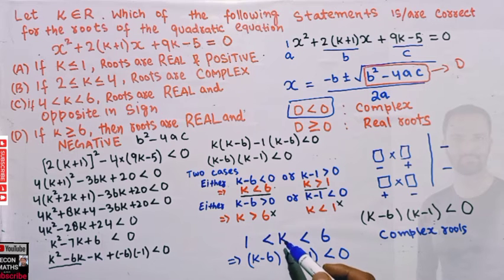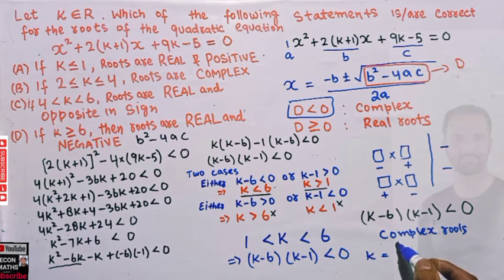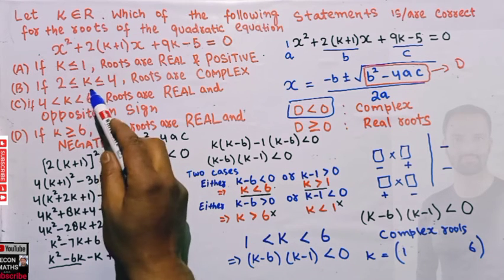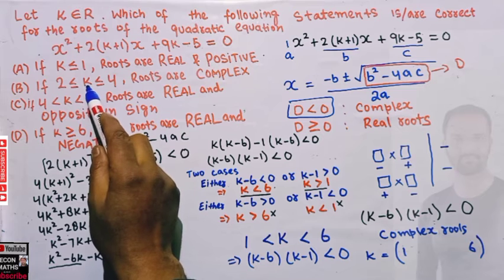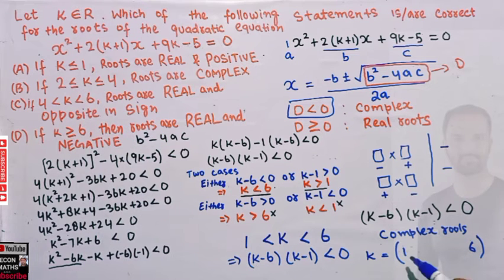Since we have seen k should lie between 1 and 6, in the options we are being told that k should lie between 2 and 4. If k lies between 2 and 4, and what we got is k should lie between 1 and 6, obviously 2 and 4 will also be in this interval.